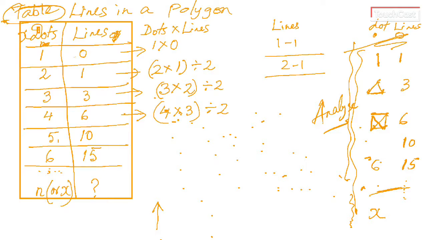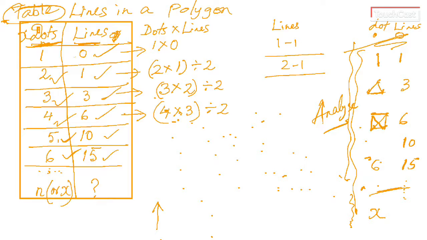Data to table. And the table, you got to think about these two variables. So for 1 dot 0, we agreed on 2 dots 1, 3 dots 3, 4 dots 6, 5 dots 10, 6 dots 15, and so on.